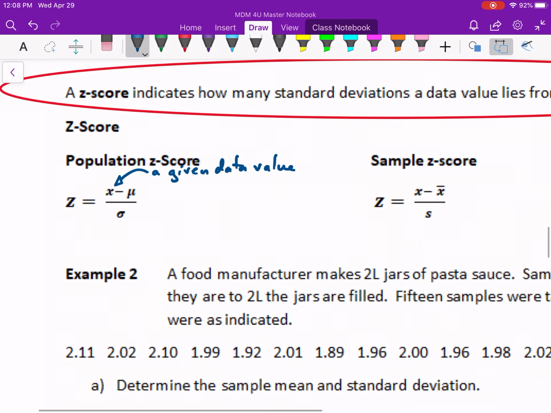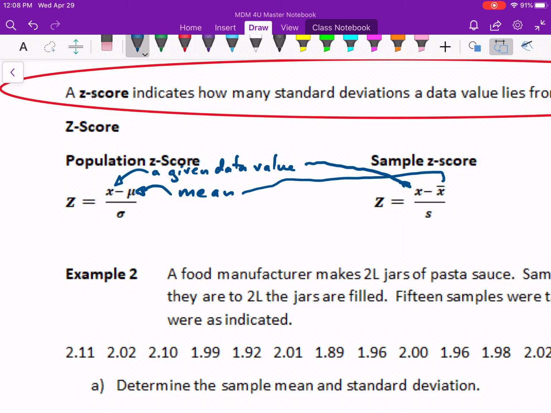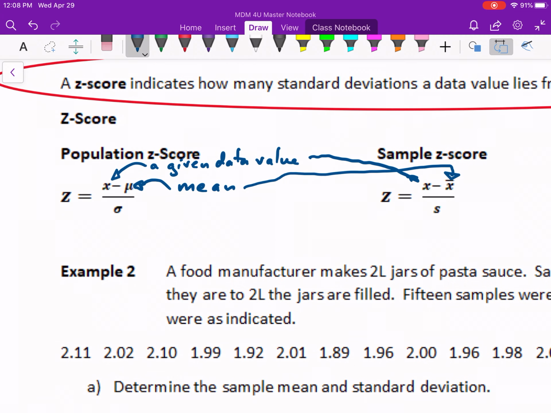And, well, actually, let's look at it for both of these. That's the same for the X over here. Mu is the average, the mean. That was just what we used to represent the mean. And in this case, the mean is represented by X bar. And sigma gives us our standard deviation.